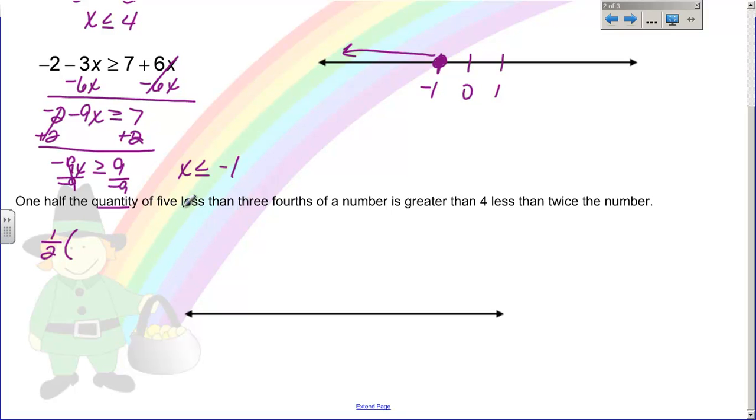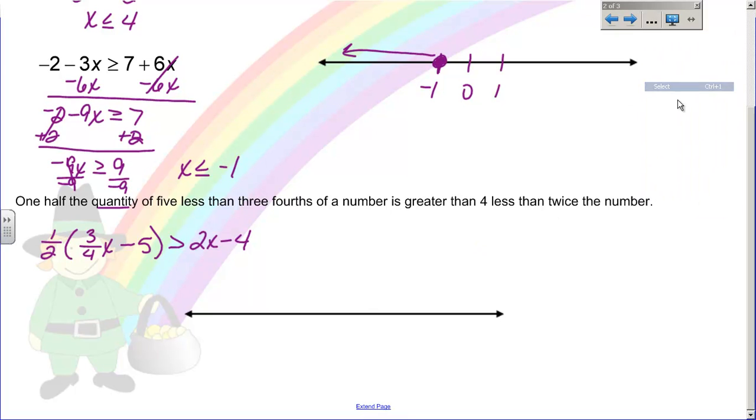So in parentheses, I have to have 5 less than 3/4 of a number. So that means 3/4 of a number minus 5. And this time when it says is greater than, that doesn't mean plus. That actually means I have to be greater than 4 less than twice the number, which is 2x minus 4.